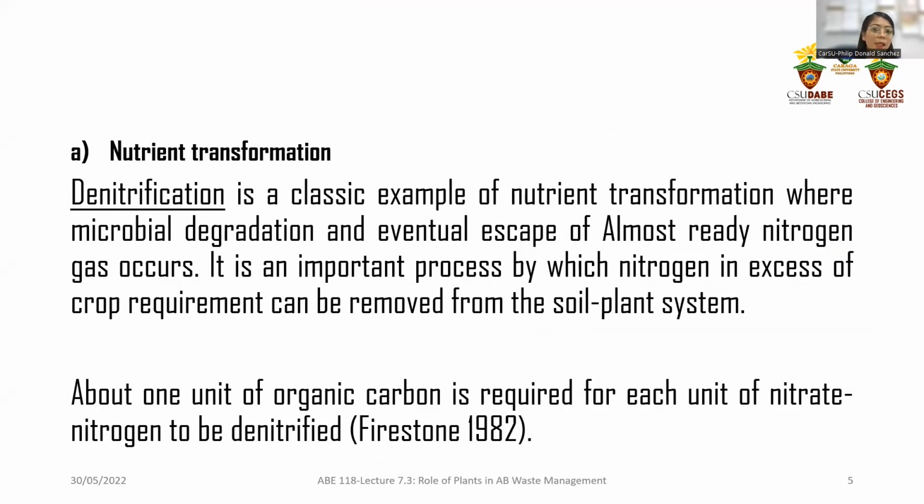So next is nutrient transformation. So we have denitrification. It's a classic example of nutrient transformation where microbial degradation and eventual escape of almost ready nitrogen gas occurs. It is an important process by which nitrogen in excess of crop requirement can be removed from the soil plant system.